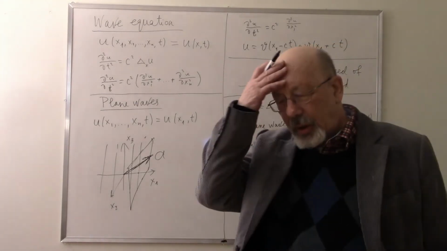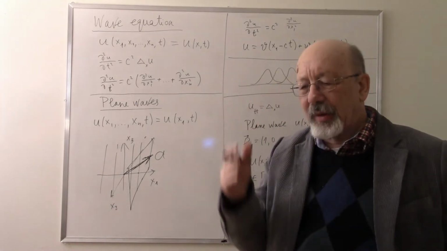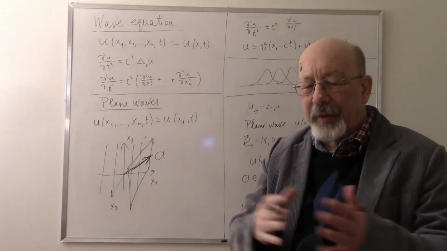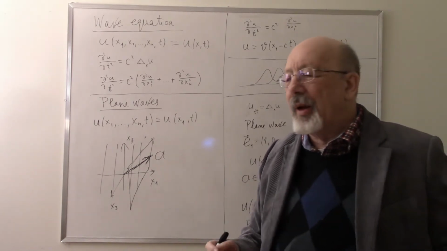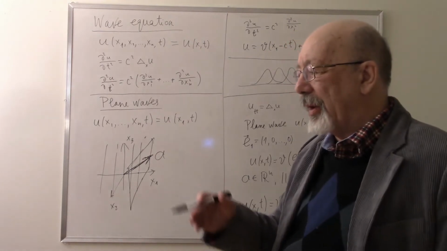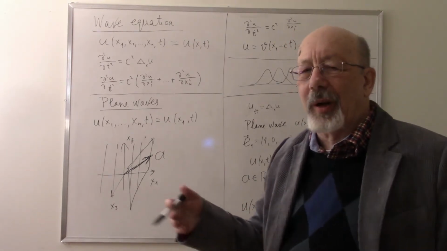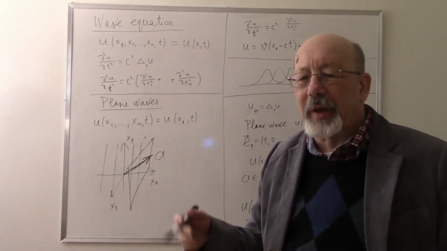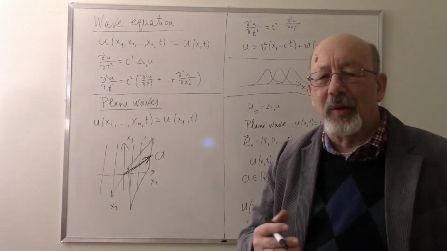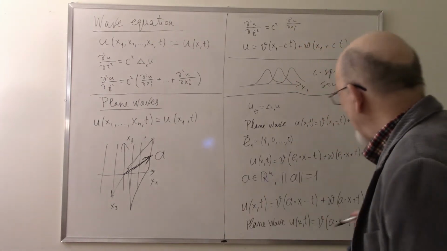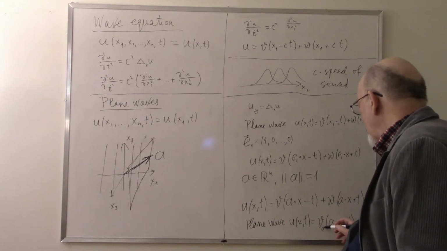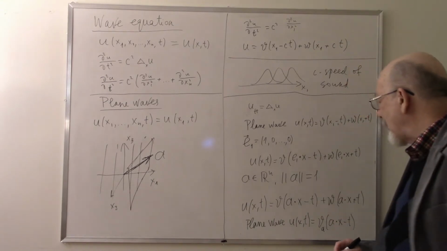Now we can take linear combinations of plane waves moving in different directions. We can have finite or infinite sums of these plane waves. We can have integrals of these plane waves. Here let me write parameter a.